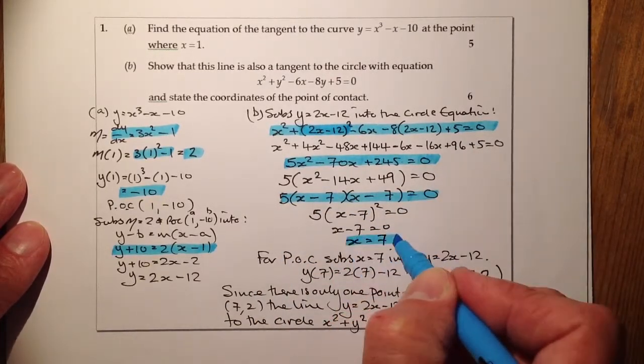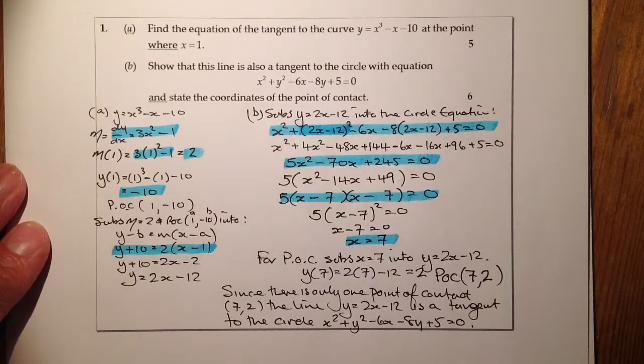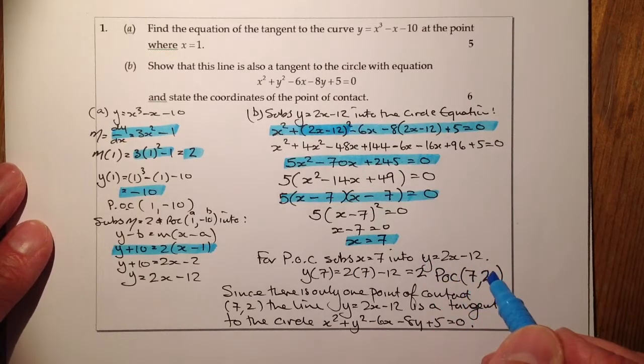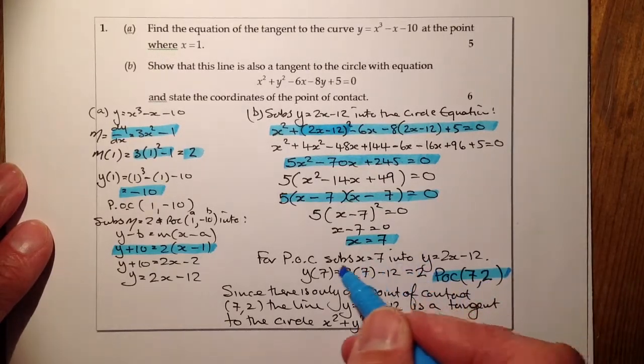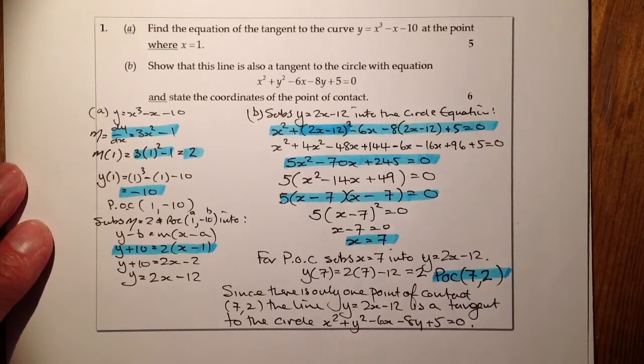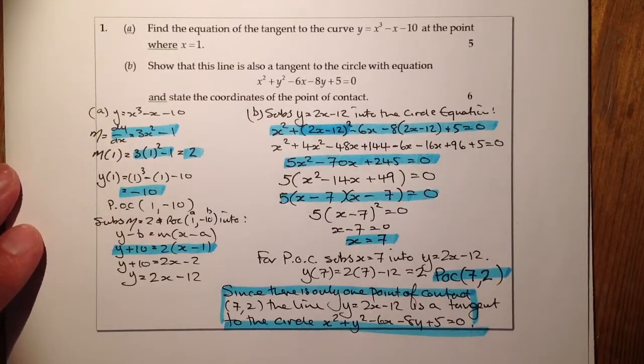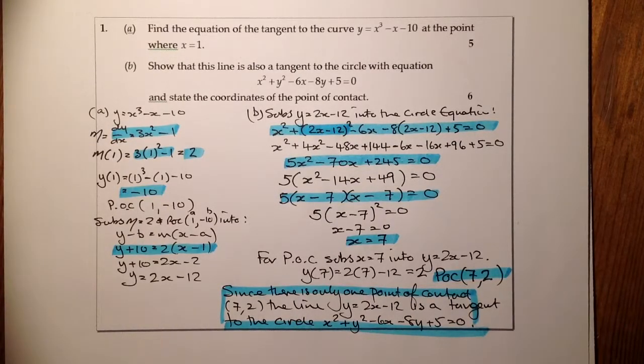Get a mark for getting x equals 7, and a mark for the point of contact, getting the point of contact as (7, 2). Finally, a mark for showing that the line is a tangent to the circle.